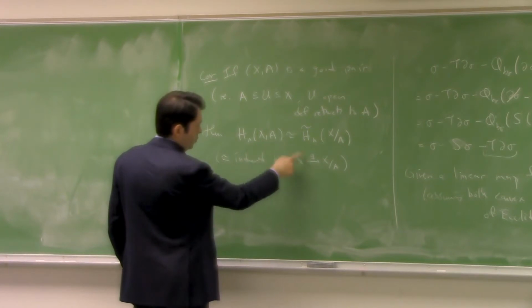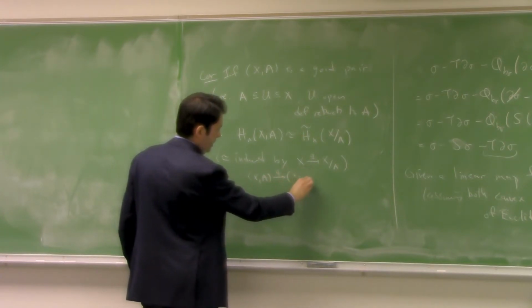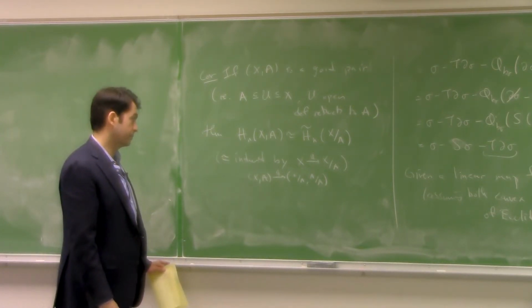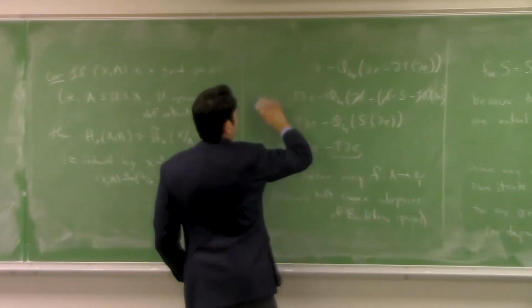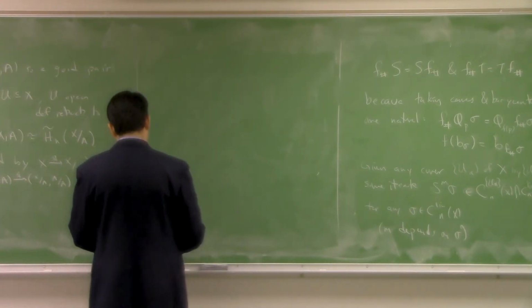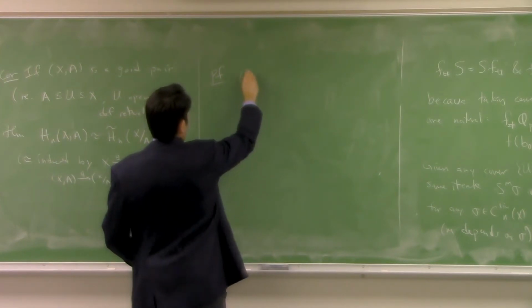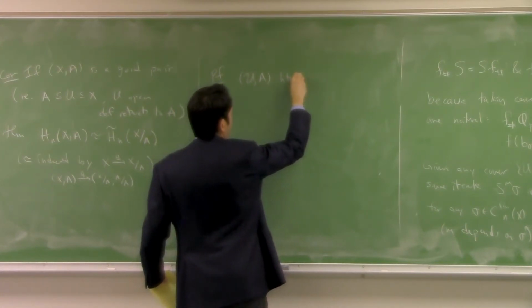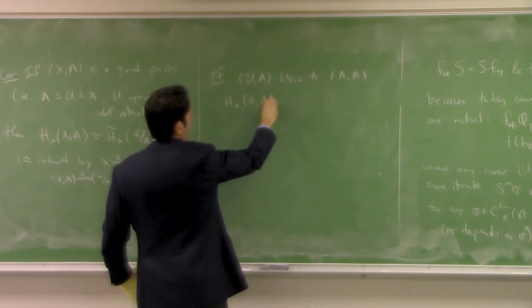Of course you have to apply the quotient map to the pair. We have a map of pairs that takes this to X mod A and A mod A. Since (U, A) is homotopic, let's say, to (A, A), the homology groups of (U, A) are all equal to 0.